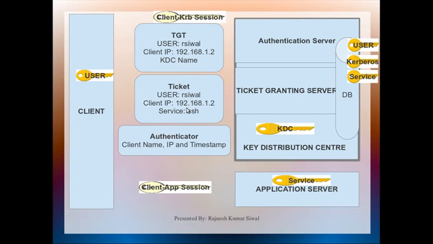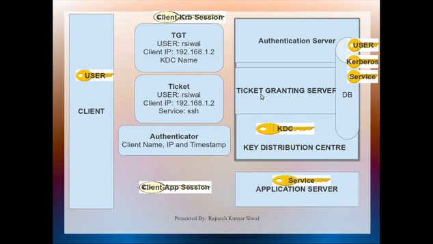The ticket is now signed with the private key of this application server. So once again, the client will not be able to read this ticket. This ticket is supposed to be read only by the application server. So the ticket is encrypted with the key of this application server's service.